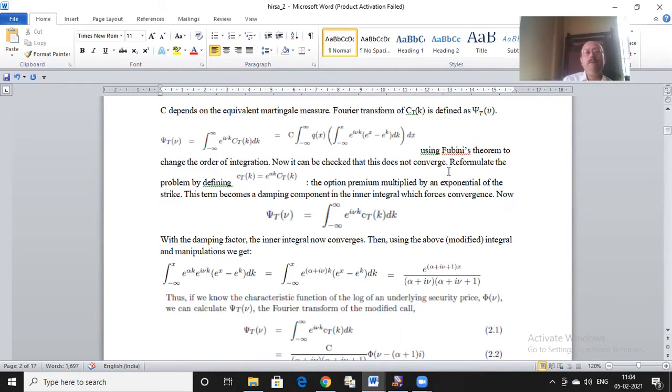Now, if you try to evaluate this integral, you can check that it does not converge, because the inner integral goes to infinity on both ends, so it will not converge. So when we try to evaluate this kind of integral with unbounded range, in this case it will happen that it will not converge.